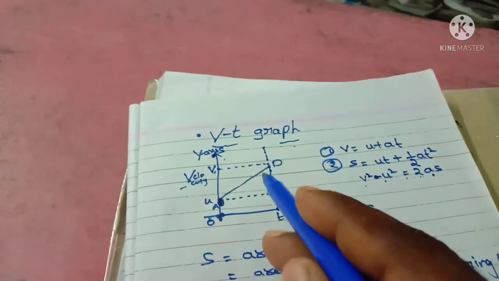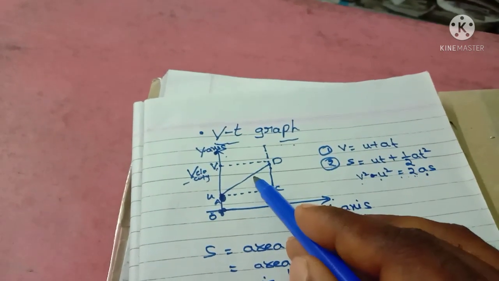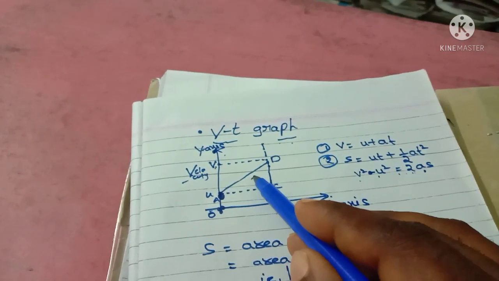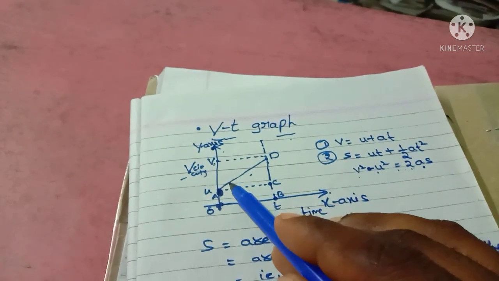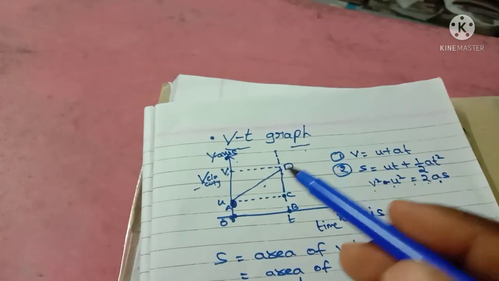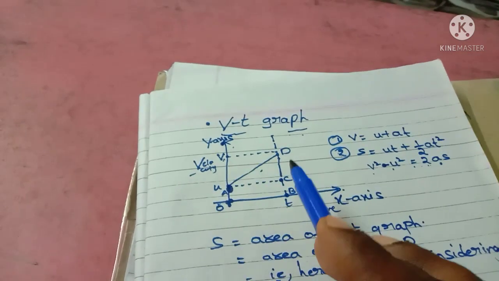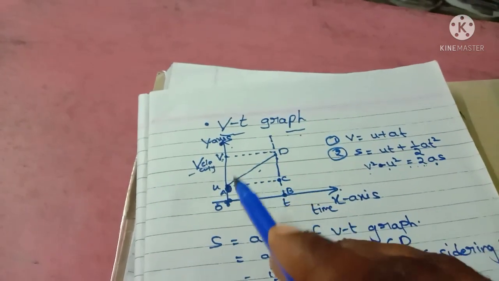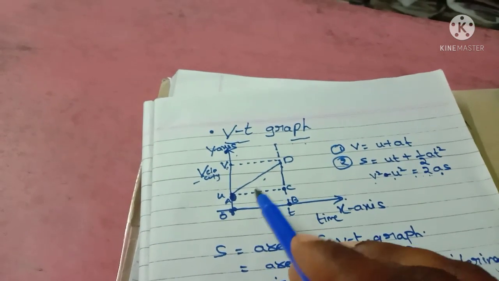Now see here children, for the first equation we took the slope of the VT graph. For the second equation we took the area of the VT graph. For the third equation we are taking the same area of the VT graph, but we are not considering the triangle and rectangle.